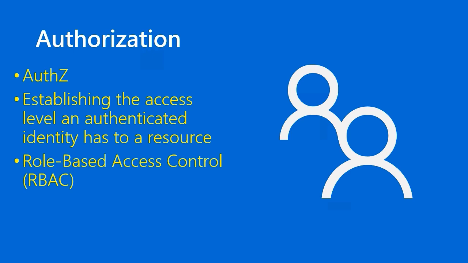There are built-in roles for application developers, security auditors, billing administrators, etc. And the idea is least privilege, where you're giving these security principals only enough authorization to let them do their jobs or whatever their tasks are, but no additional authorization.